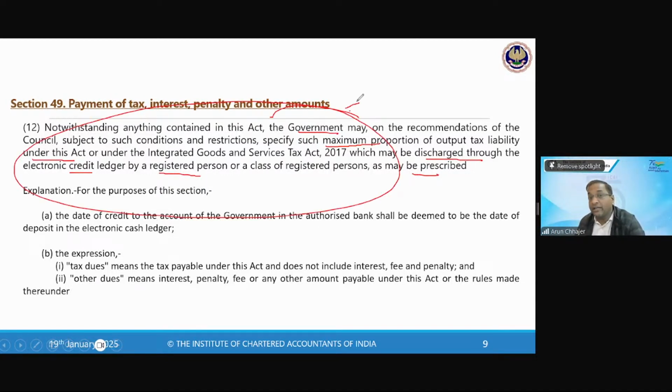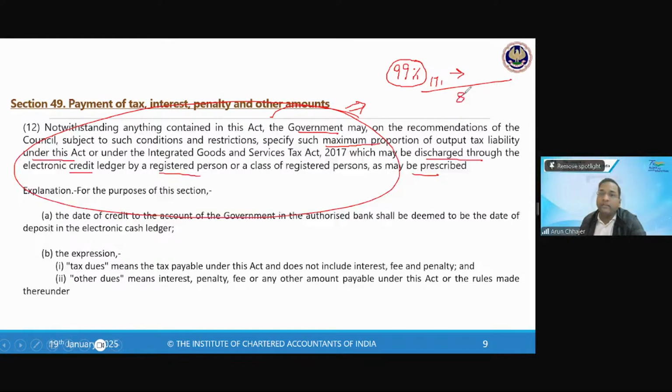You might have already read that you can use a maximum of 99% ITC. Very nice, Aman. Maximum you can use 99% ITC for the liability.